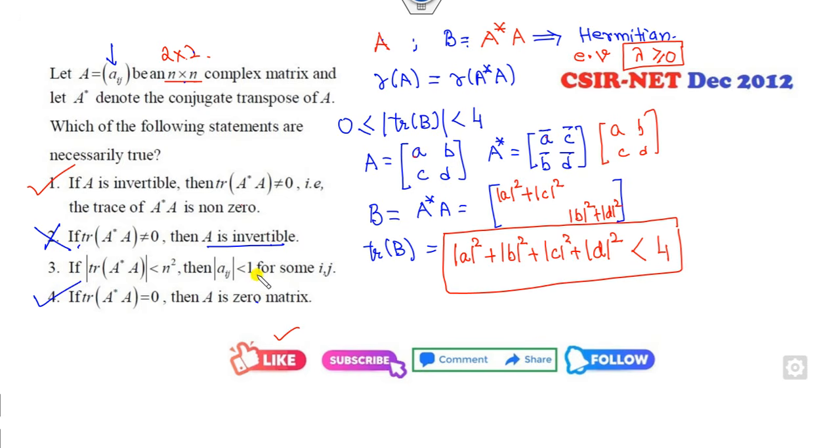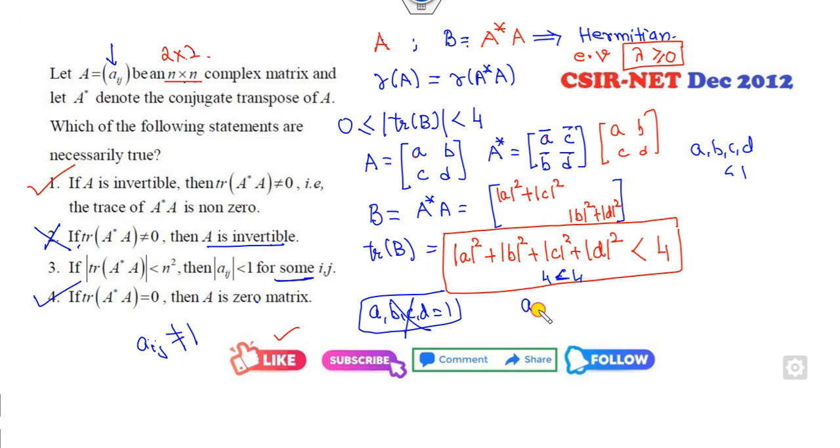Then for some ij, Aij is less than 1. That means a, b, c, d, our target is to prove that at least one of them will be less than 1. So assume that a, b, c, d are all 1. Then it will be 4, and 4 less than 4 is not satisfied. So that means Aij can never be 1.